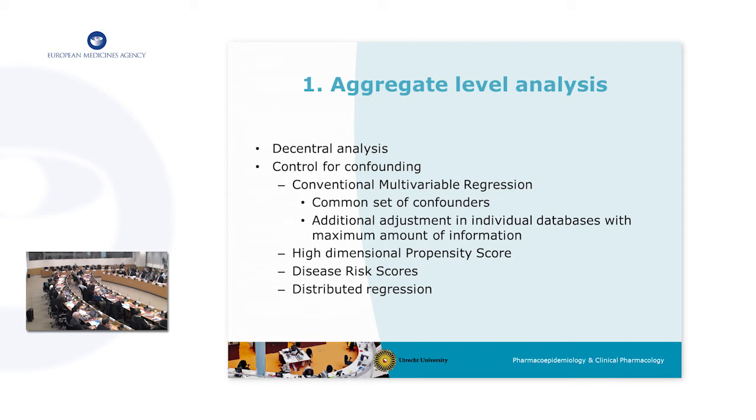And this is something that's been applied in the Canadian CNODES network, for instance. Disease risk scores might also be considered, and these can actually be maybe valid in the different databases. And finally, distributed regression is a new technique that's under development and has also been used, I think, now.